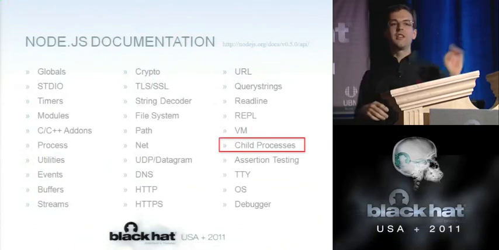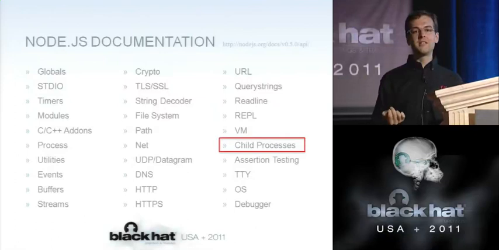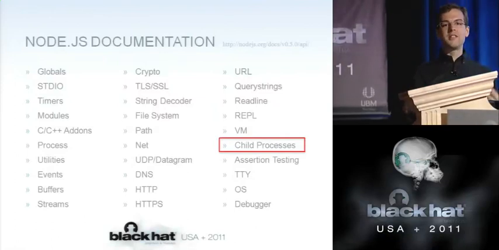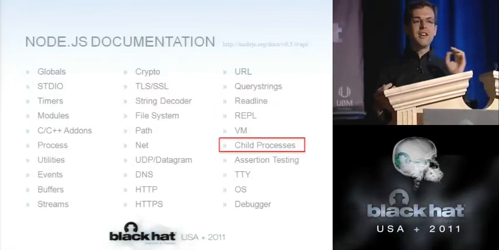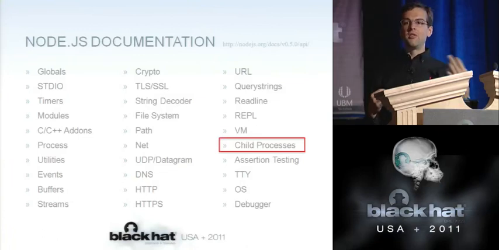On the client side, it was a DOM-based XSS that may have let us steal somebody's cookie. That exact same eval call just let us execute an arbitrary executable on the server. So that's kind of a big deal. But we'll see some other ways besides that eval that you can get your malware up there.